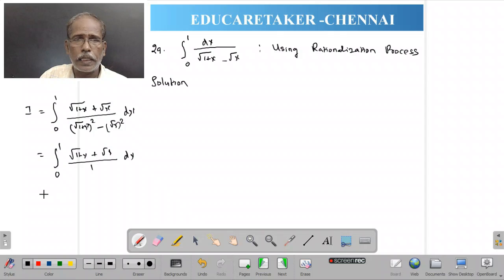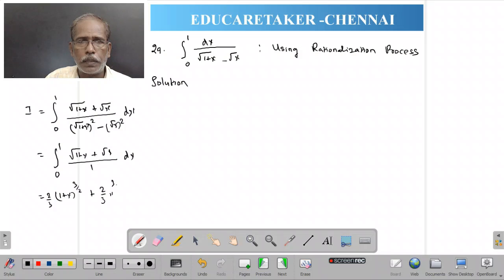Let us now integrate. Integral of root of 1 plus x is (1 plus x) power 3 by 2 into 2 by 3, and the other one is 2 by 3 x power 3 by 2. Overall, lower limit is 0, upper limit is 1. And this implies I will be 2 by 3.